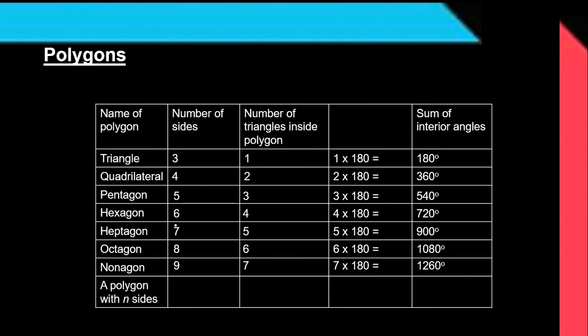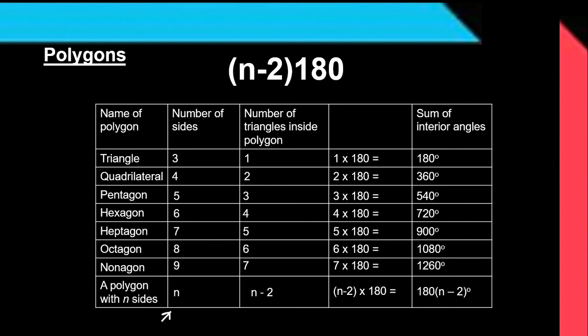If you know the number of sides a polygon has, you'll notice the number of triangles that fit in is 2 less. So regardless of the number of sides, let's say we have an n-sided polygon. If we subtract 2 and multiply by 180, we can work out the interior angles of a polygon. And that's where the formula comes from: n minus 2 times 180 degrees. That's the sum of the interior angles of a polygon.